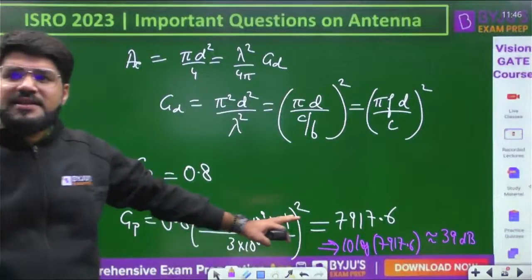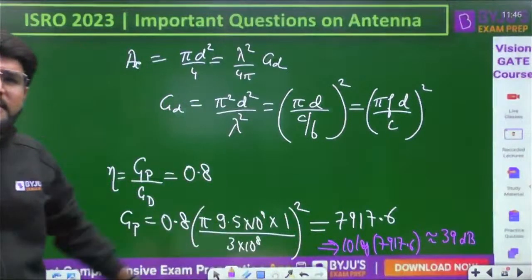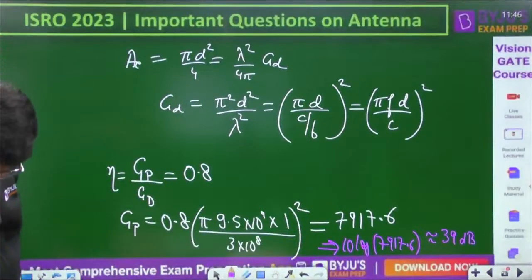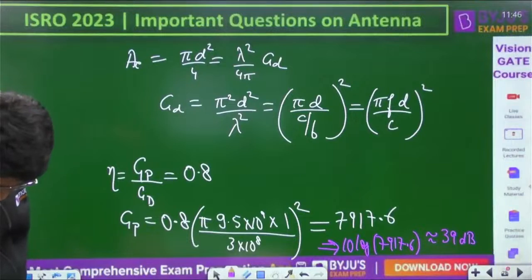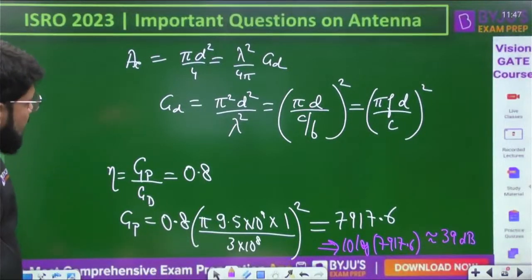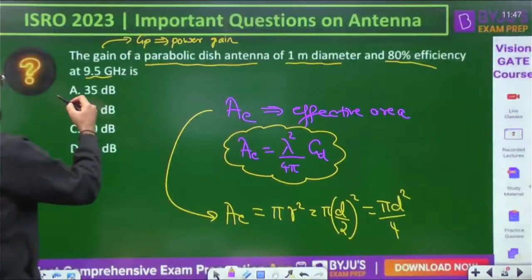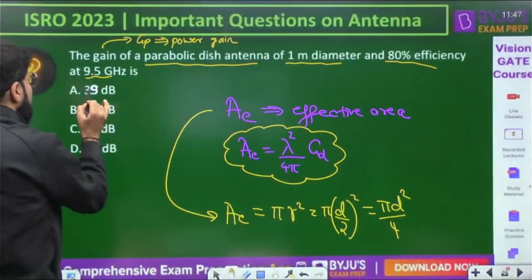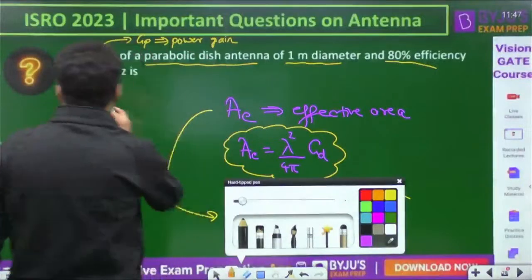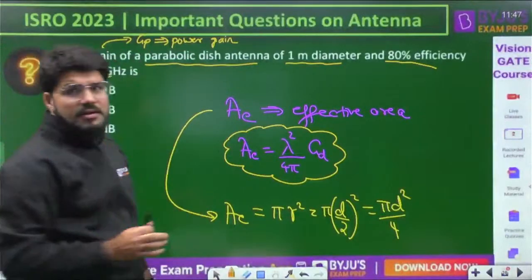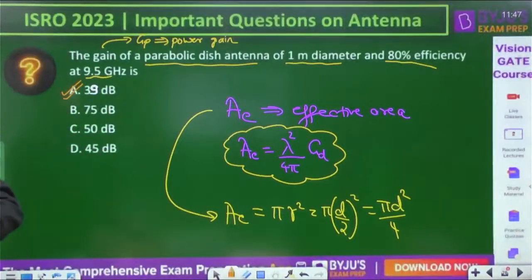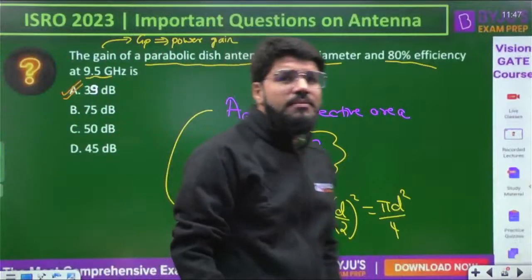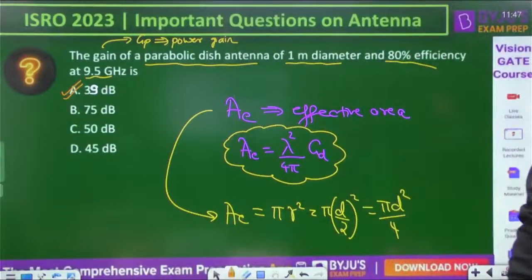So I rechecked the calculations, and the same answer is coming, 39. So the closest option, let's take it as 39, and the correct answer is option number A. Or else you can match the closest, 35 dB. Okay, done.